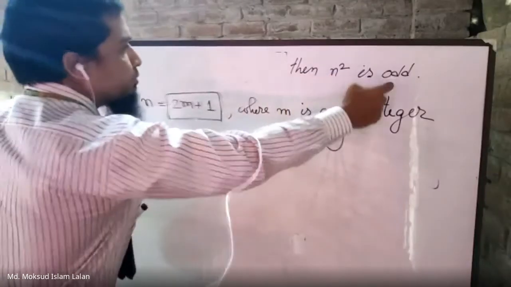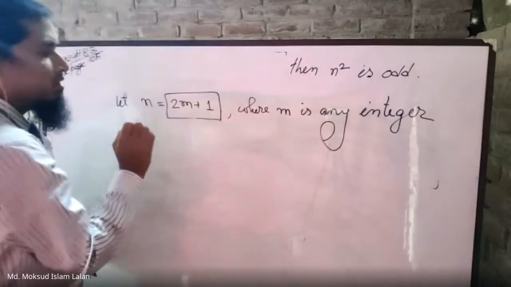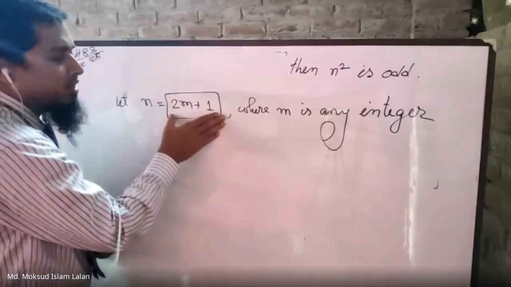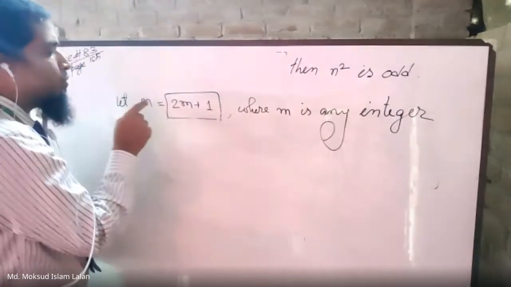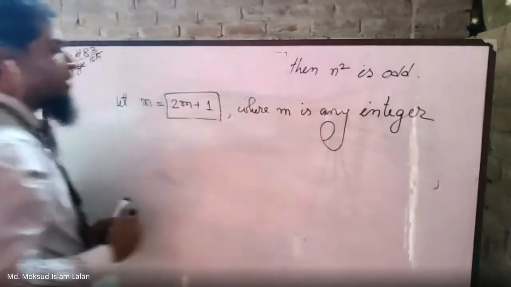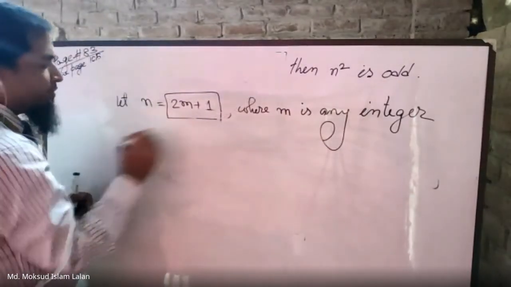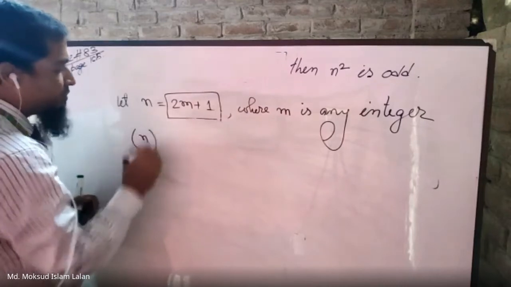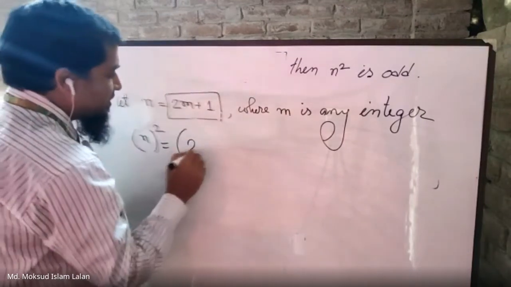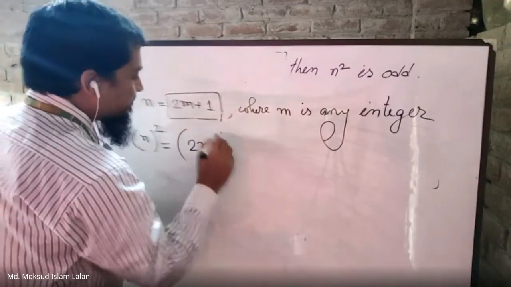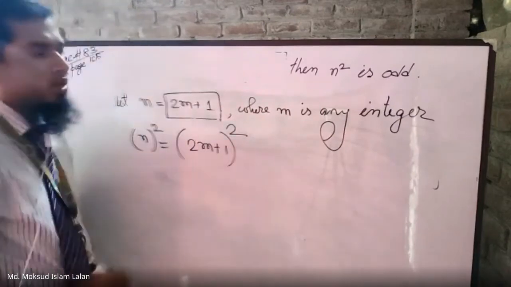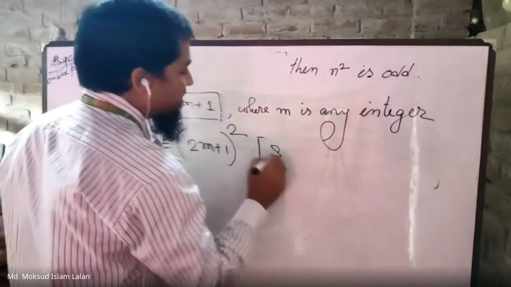Yes, sir. Since here is a square, then you have to show n square is what? This clue is given, so we have to prove its square is what also. So now if you square on both sides, we are squaring on both sides, right? Can I write something like this?